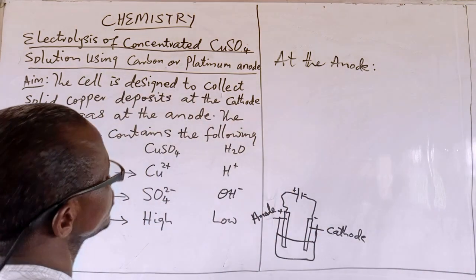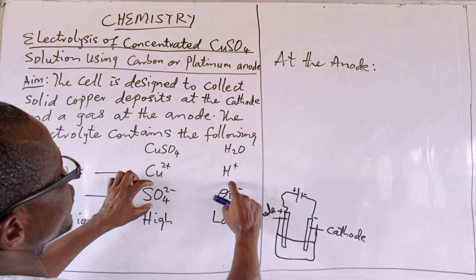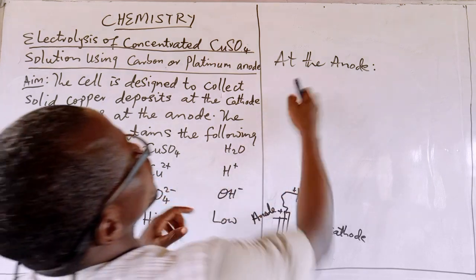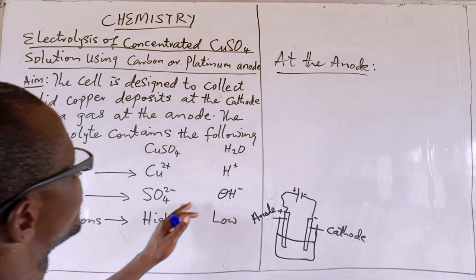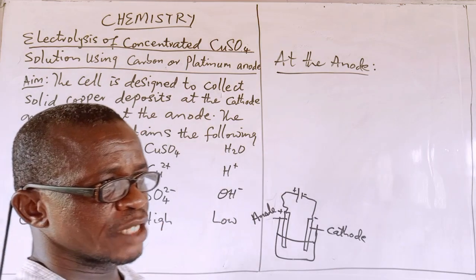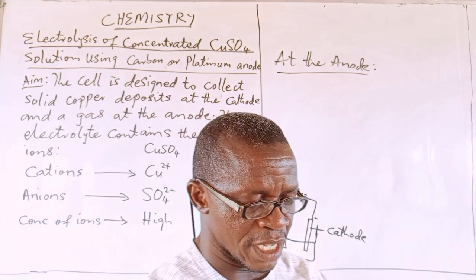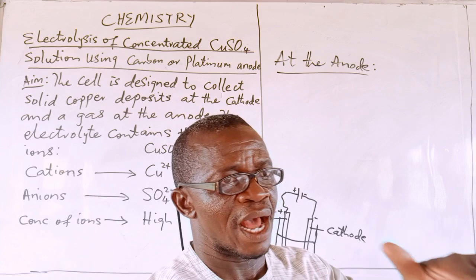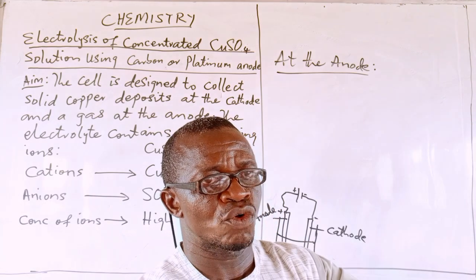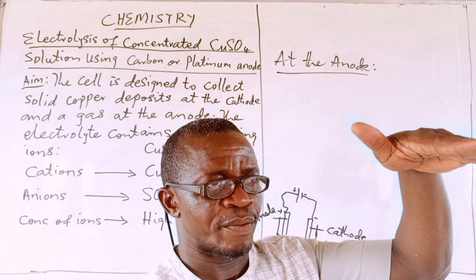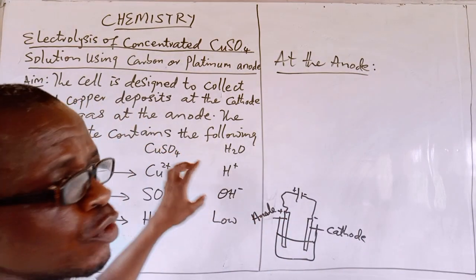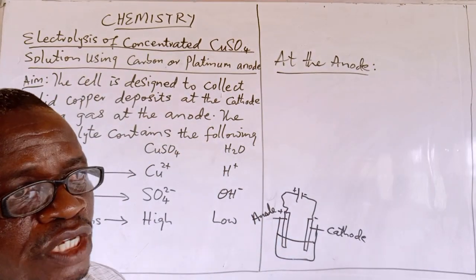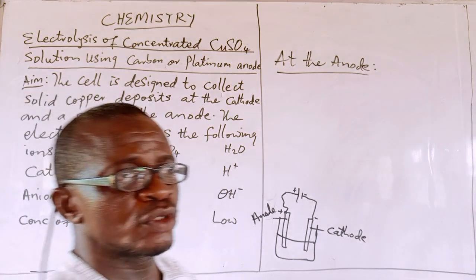So now, when these two negative ions move to the anode, consider them. If you check the electrochemical series that I gave you in that class, you will see that they are far apart. They are not close by on that series. Since they are far apart, we will not consider the concentration. We will consider the position.